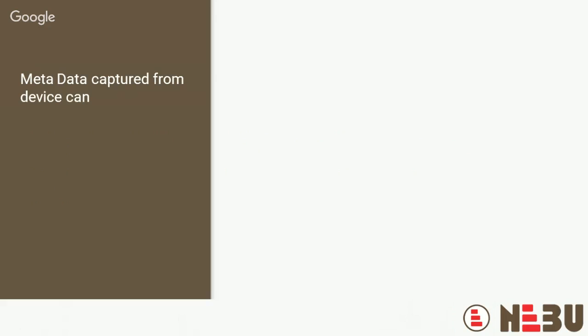Looking at the metadata, the way that Nebu works is that whenever a device connects to the server, we collect a lot of information about that device, different things about the playback mechanisms. We collect information about the device itself, the browser used, the operating system, the types of media it can handle, so whether it can play Flash or Silverlight.